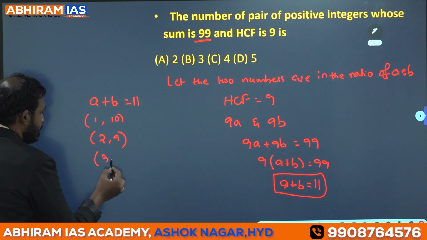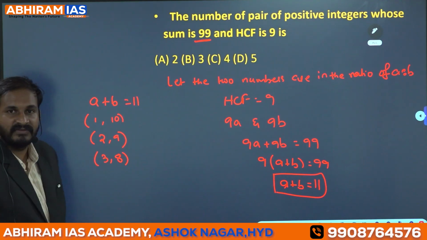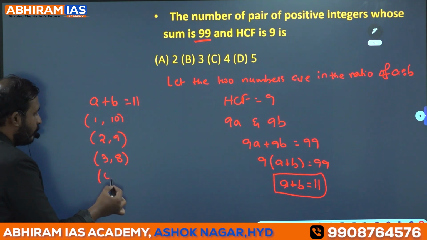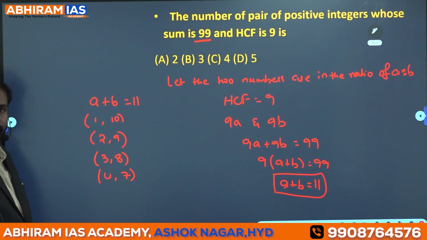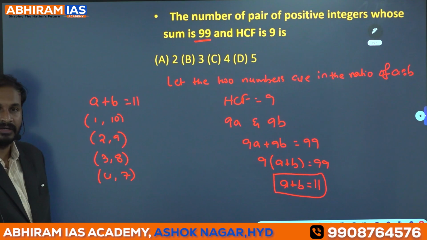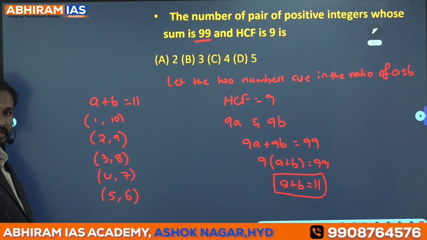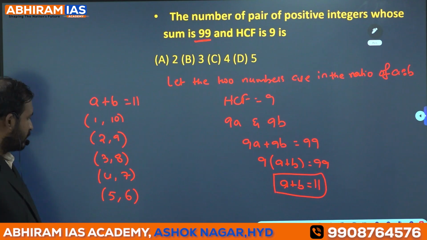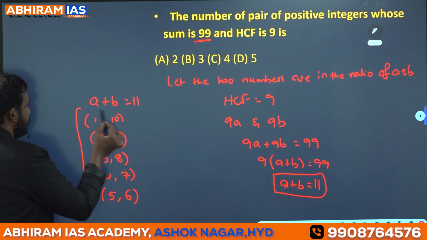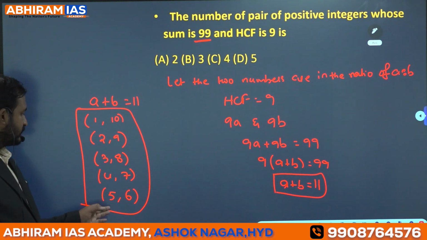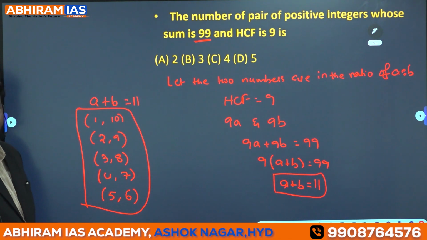Next 3 and 8. What is the HCF between 3 and 8? 1, and their sum is equal to 11. Next 4 comma 7. HCF is 1 and their sum is equal to 11. Next 5 comma 6. HCF is 1 and their sum is equal to 11. Next, don't write 4 and 7 once again; already we have written that pair. 6 and 5, or 7 and 4, don't write.